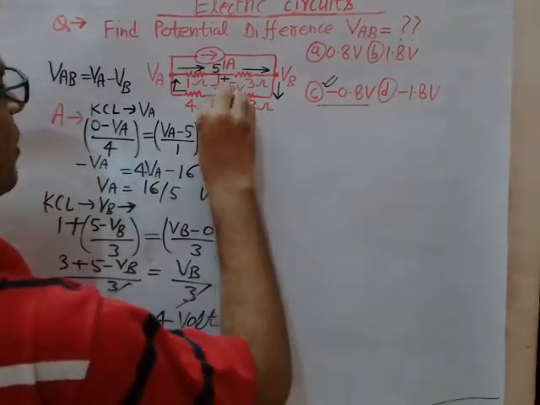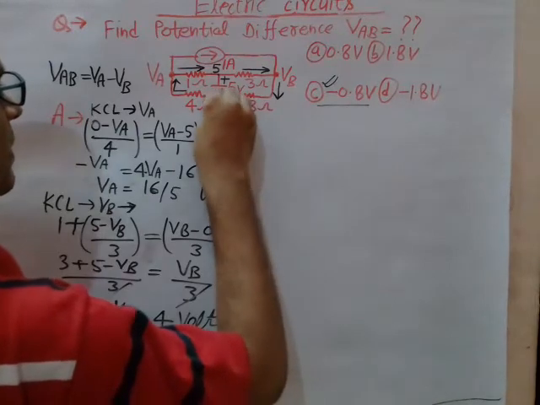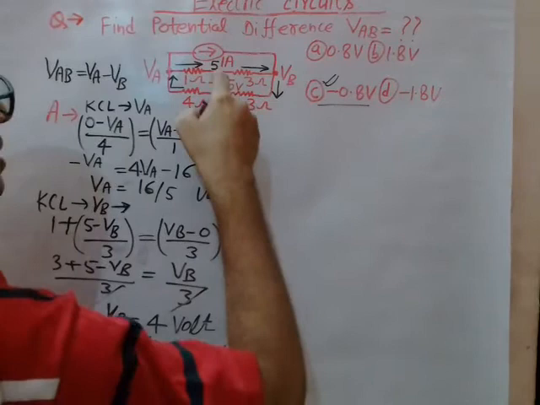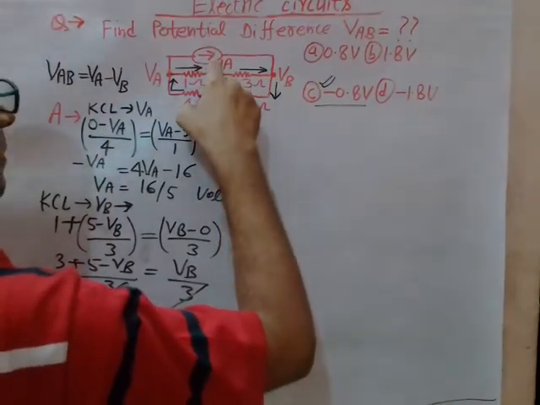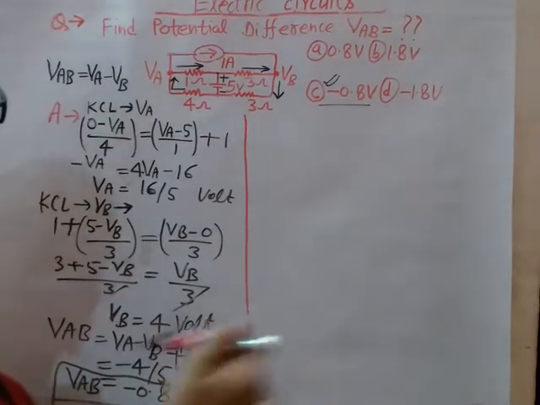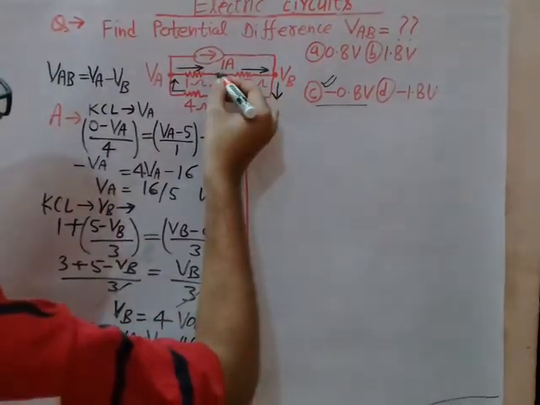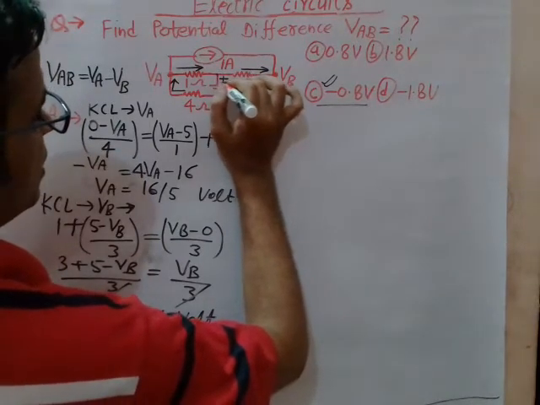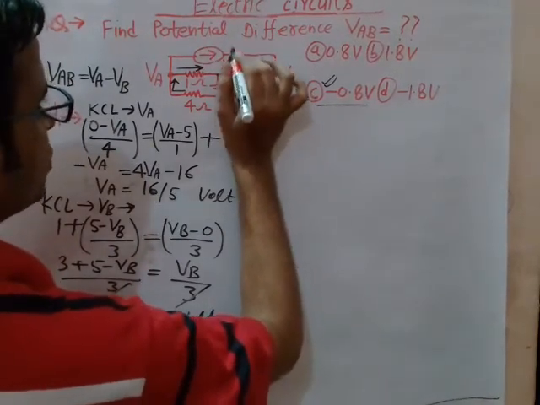Now instead of taking the negative terminal of the battery to be at ground potential, I am taking the positive terminal of the battery to be at ground potential.